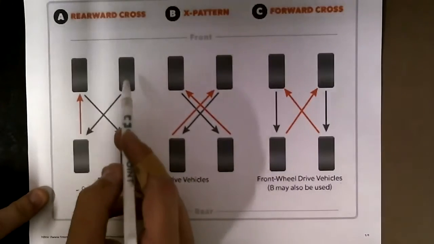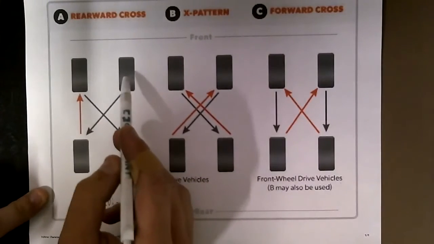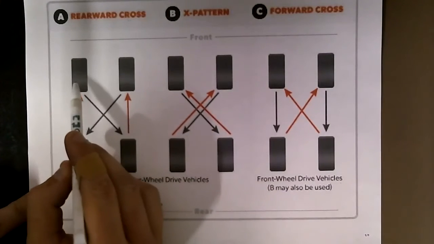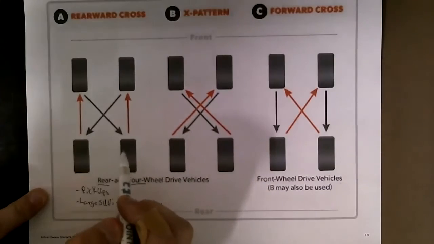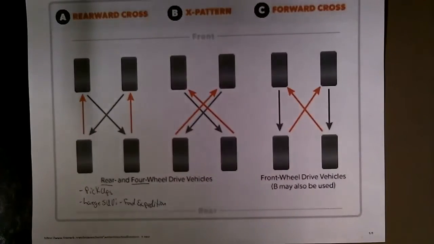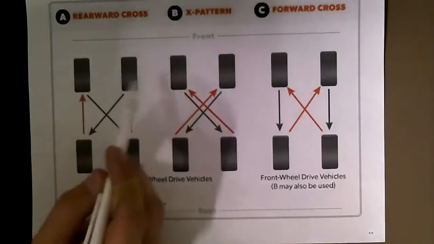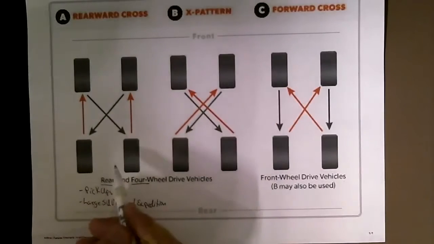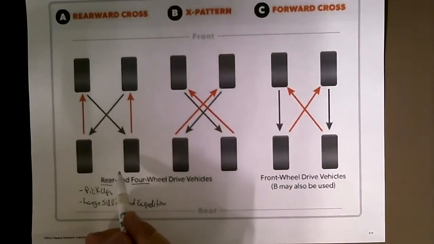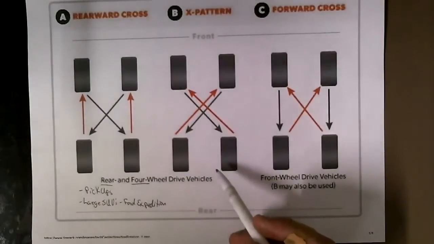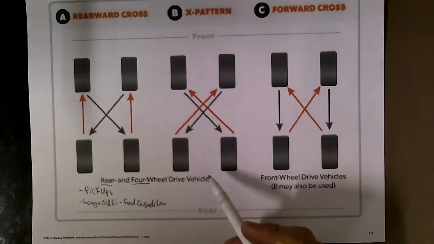The front tires then get crossed. So my right front tire becomes my left rear, and my left front becomes my right rear. Okay, this does a couple things. This maintains adequate wear. It will keep these 2 original front tires wearing down approximately the same as our 2 original rear tires.